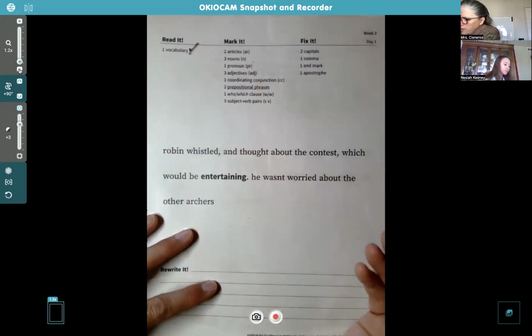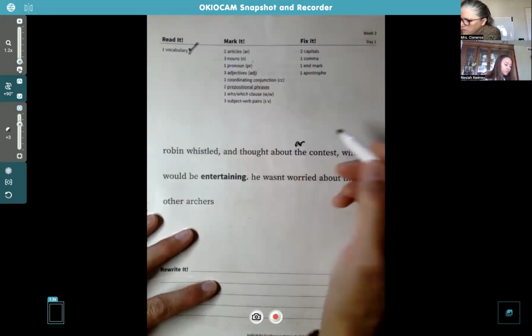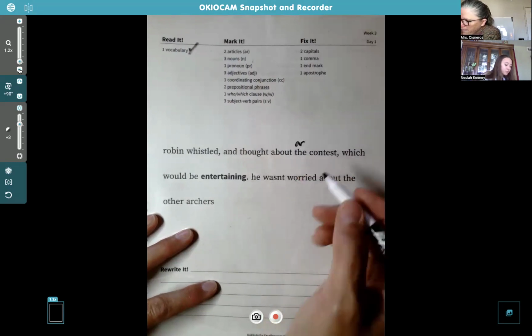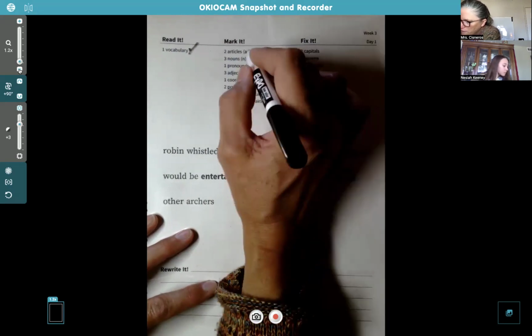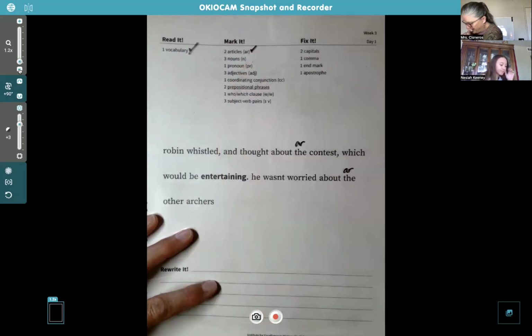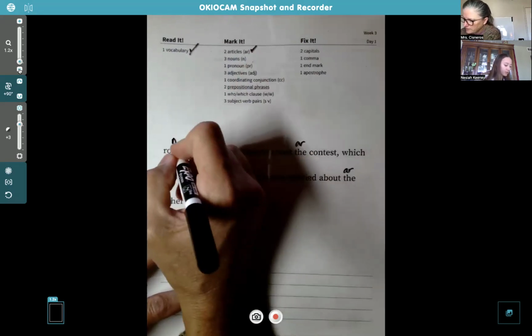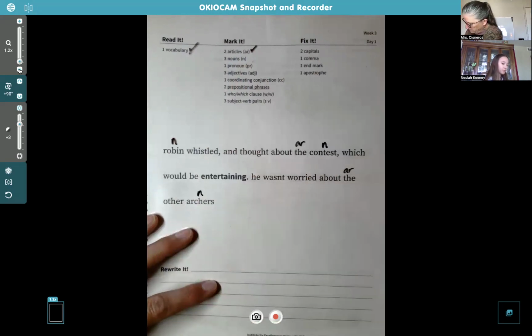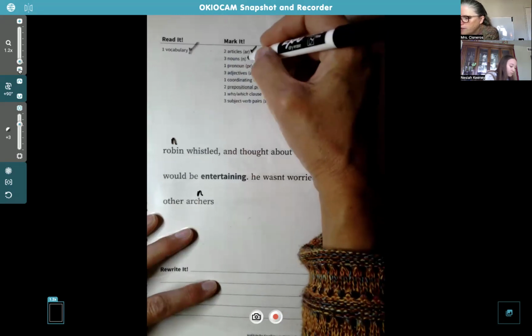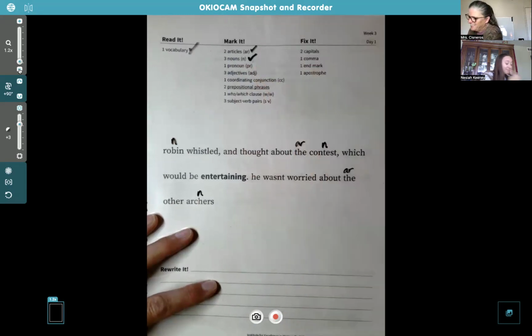Articles, go ahead and label those. There's only two. And then how about the nouns? Robin, contest, and archers. Good. Nice. That's it. Okay, good job. So it felt like there should be more, but there's only three.